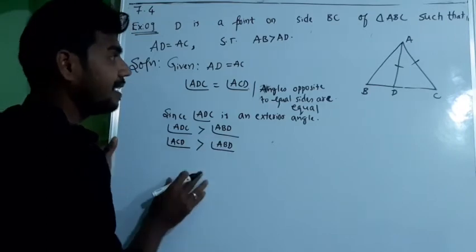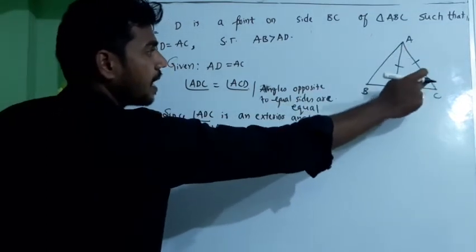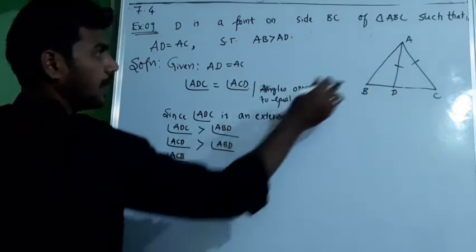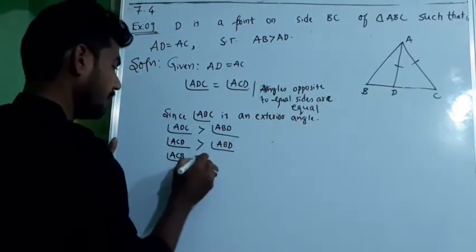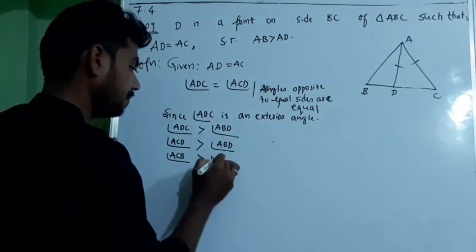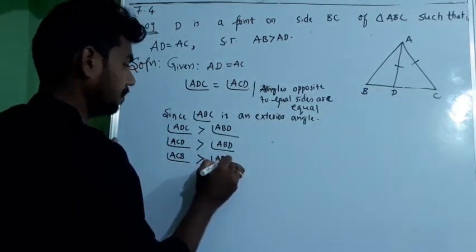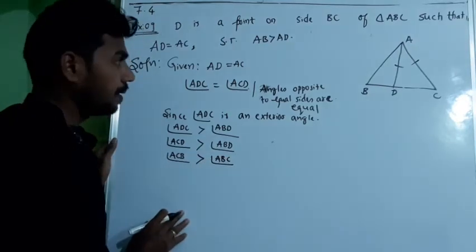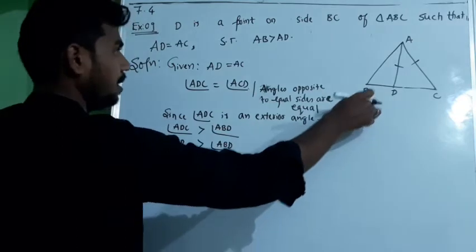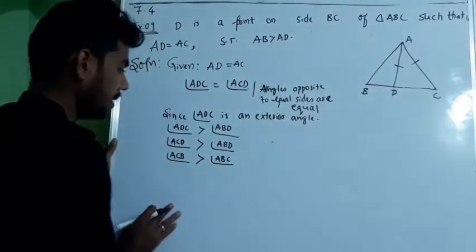Instead of ACD, I can write as ACB. I can write it as ACB is greater than ABC. Fine. ACB is greater than ABC.